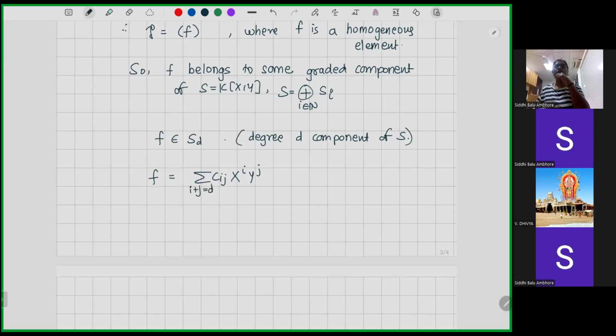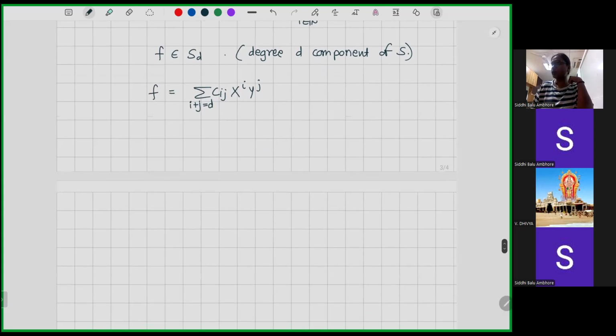Is there any problem here? If not, then I will move on. Please let me know if there is any problem. So far this is clear, right?